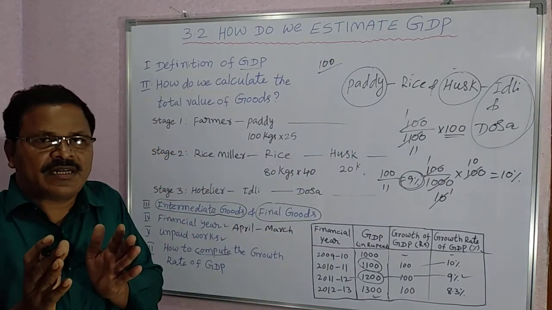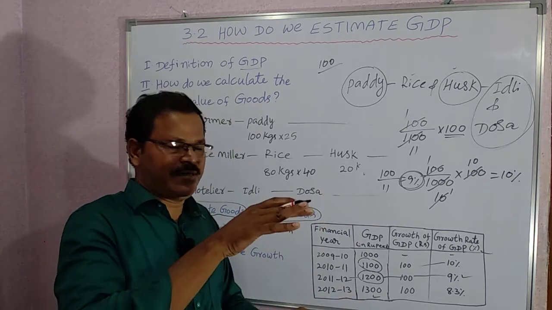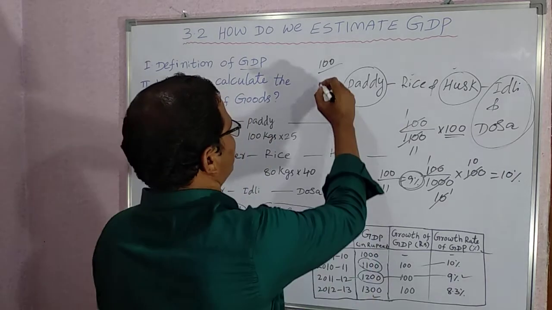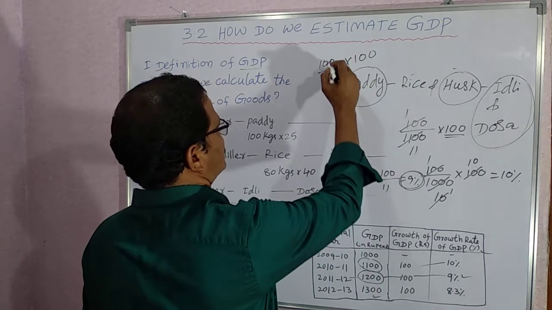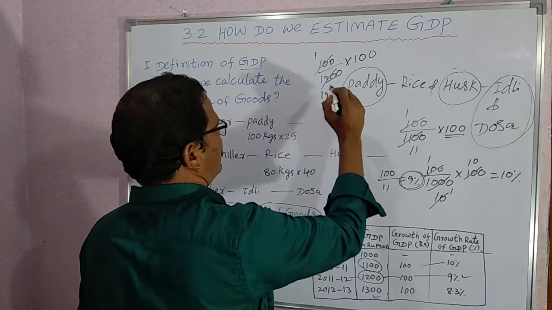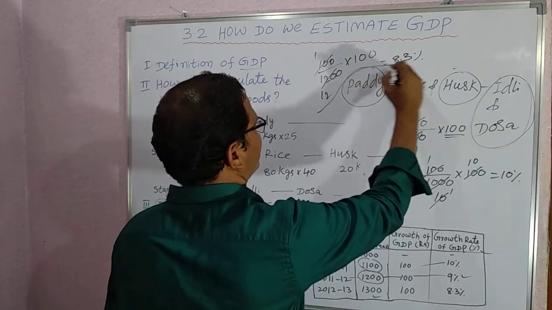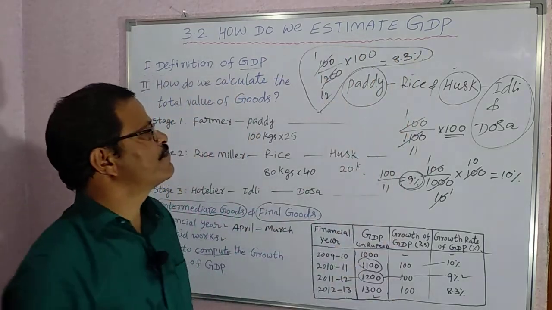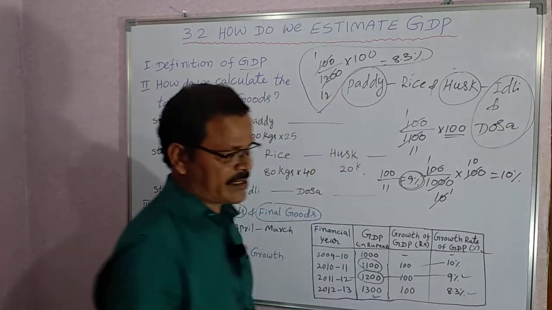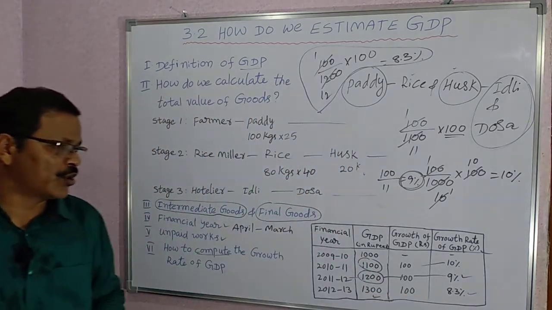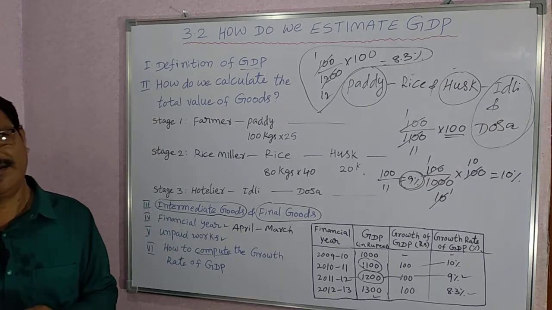The difference of the two financial years by the GDP of the previous year, 1,200 rupees, into 100, is nearly 8.3%. This 8.3% is the growth rate of the 2012-13 financial year.